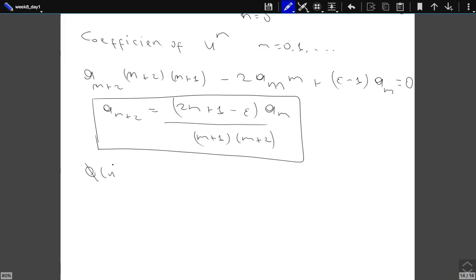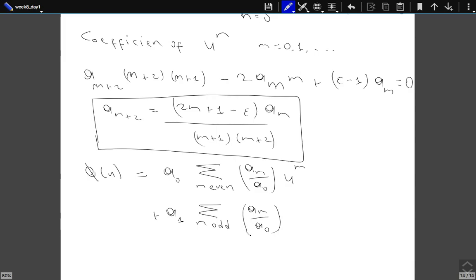So phi of u just becomes a0 times the sum over even m of (a_m over a0) u to the power m, plus a1 times the sum over odd m of (a_m over a1) u to the power m. Those two terms are my independent solutions.